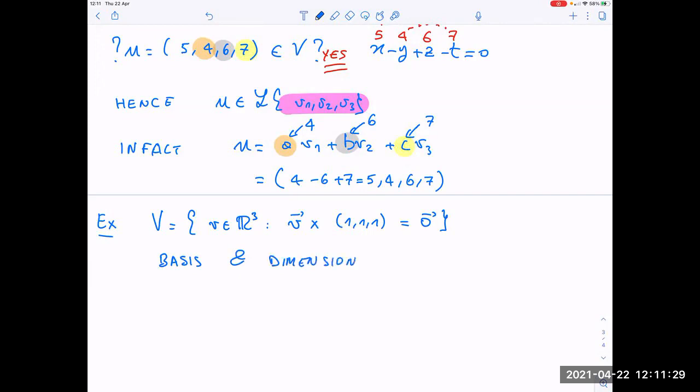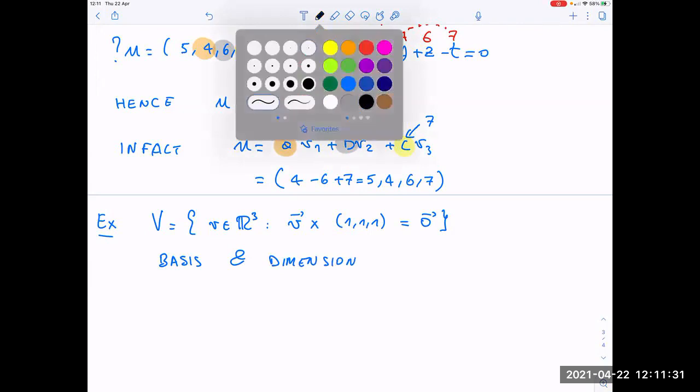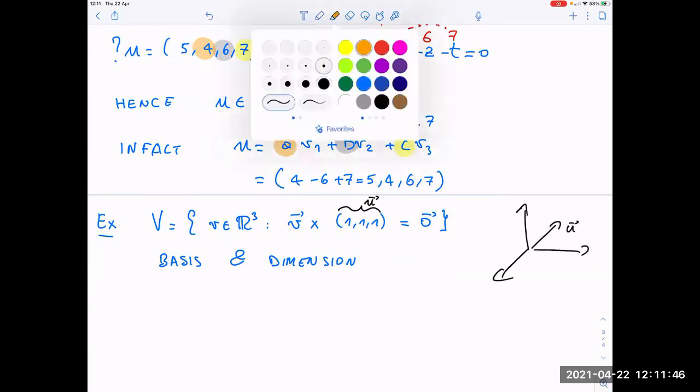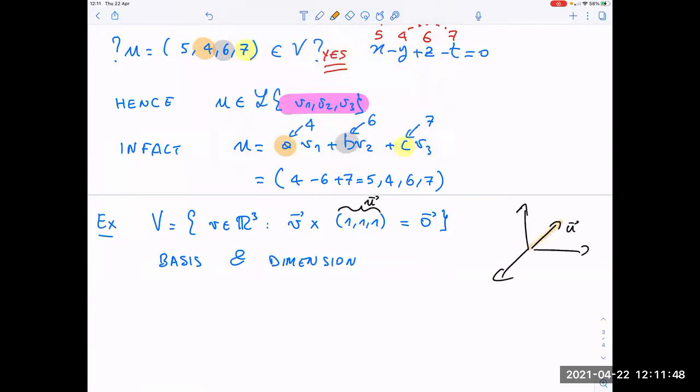Okay, let's play a little bit with the geometry of the situation. So I have this nice vector here, call it U, in 3 space. So here is vector U. And I'm looking for all vectors which give cross product 0 with respect to U. What kind of geometrical object is that?